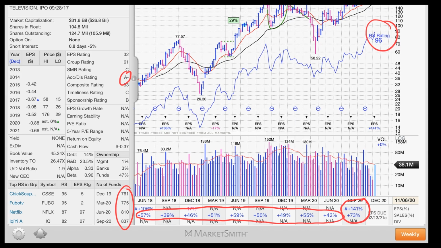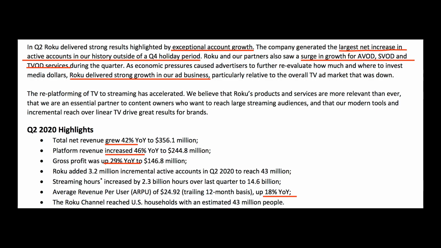So we saw that at the beginning, of course we see a big sales growth here. 73% in the last quarter. That is a very high growth. We looked at that at the beginning of the video, and here is a screenshot I took from the Roku quarterly reports. I always look at quarterly reports when I do research, and you can see here that in Q2 they have exceptional account growth.